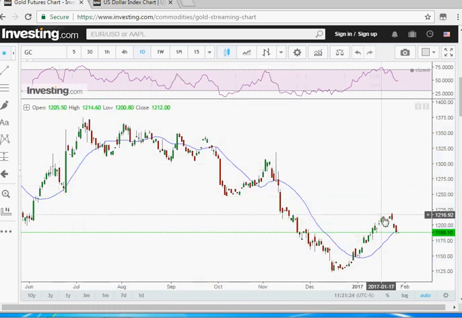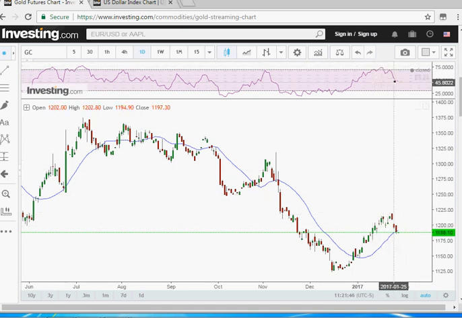So this recent decline in the gold price over the last few days has allowed the price to cool down somewhat and come back to its 20-day moving average, whereas previously it had been somewhat stretched over the 20-day moving average.